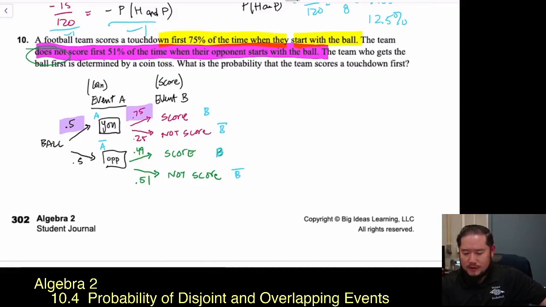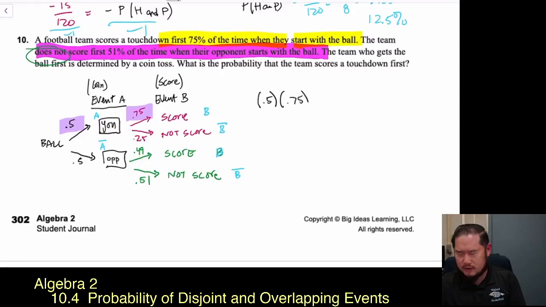And so what I'm going to do there is multiply the two together, the probability of A and the probability of B. So let's put 0.5 times 0.75. That is the probability of us scoring, you or your team.